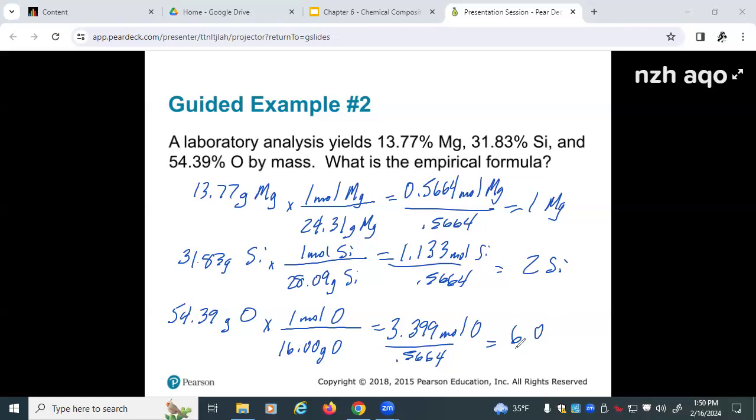So in this particular case, I don't need to do any additional rounding. I don't need to do any additional multiplying. The standardization has already given us whole numbers. And since I'm already at the whole number stage, I just need to write the formula that represents those ratios.